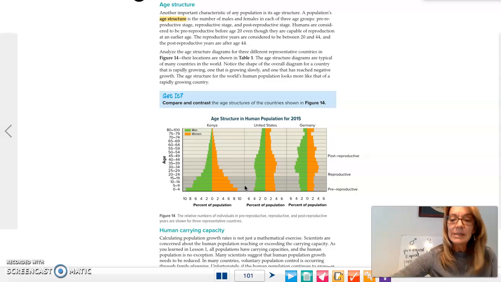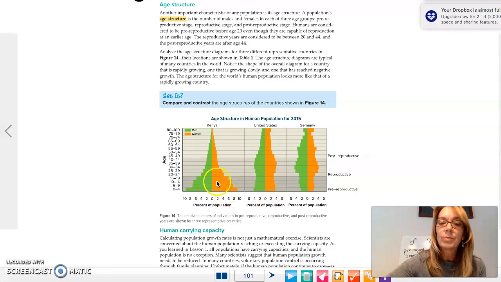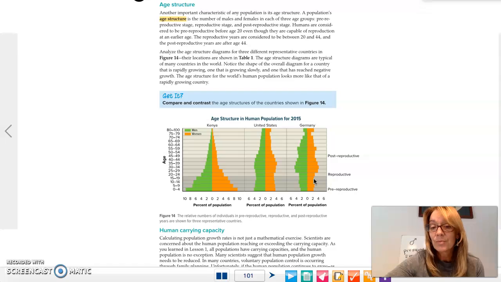You can often see that when we look at these graphs, we can see where deaths are occurring. Is it right here? Kids aren't growing to these older ages. And the reason that's happening is there's a poor immune system, poor medical systems, poor food, something like that.